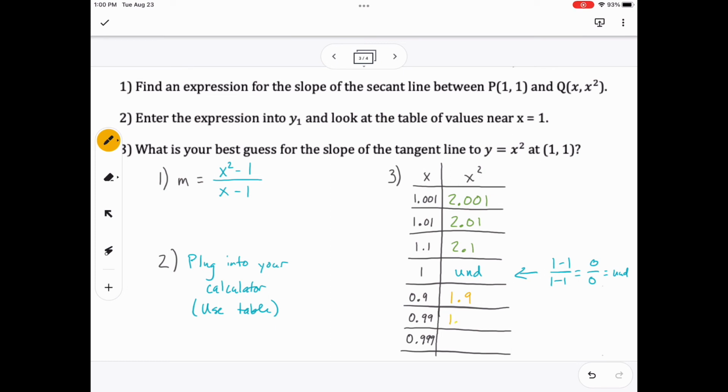So from both sides of 1, the slope is getting ridiculously close to 2. Because they're both approaching the same thing, we can confidently say that our slope should be 2 here.